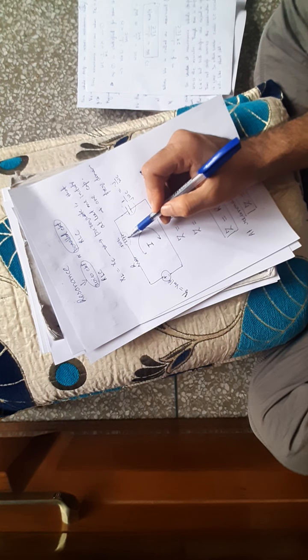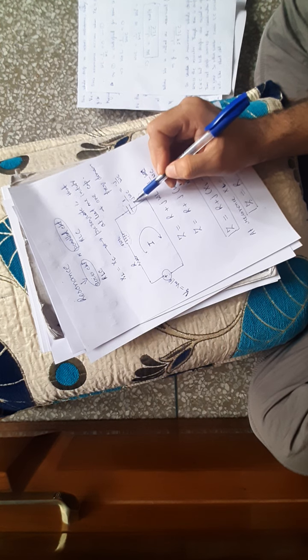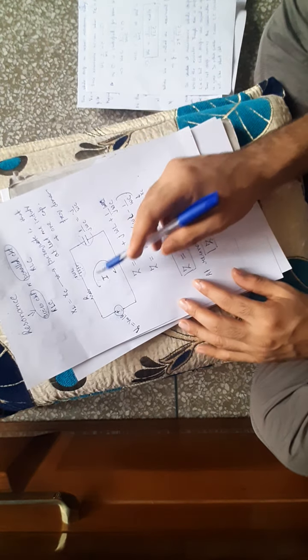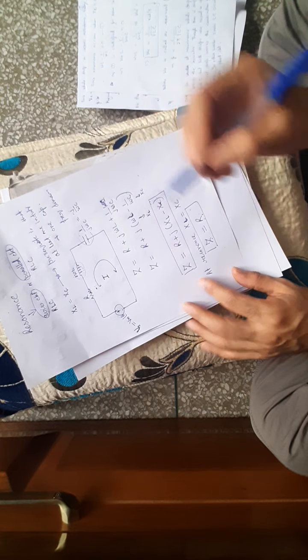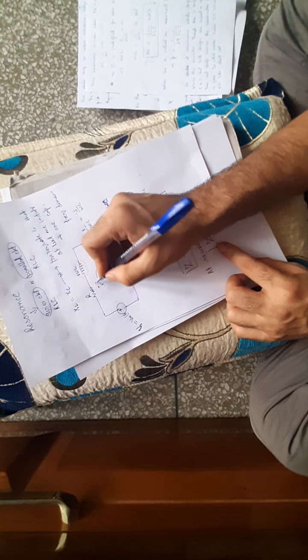So whatever the voltage drop in this inductor, the same will be the voltage drop in this capacitor, but the polarities will be opposite. Okay. So under that situation, what will be the voltage drop? As you see, the total impedance of the circuit is equal to nothing but R.